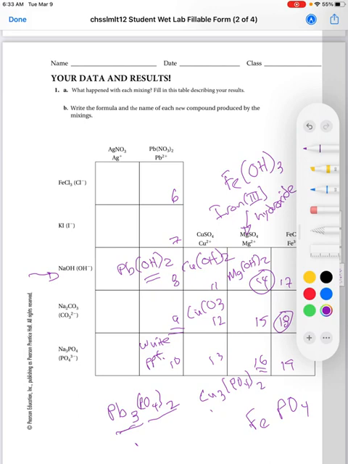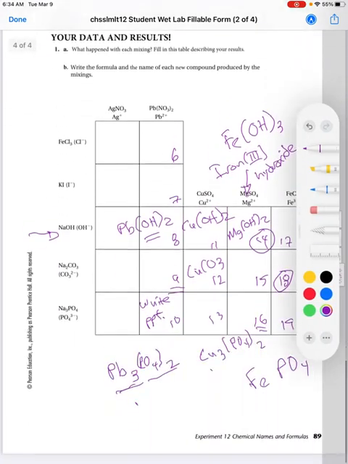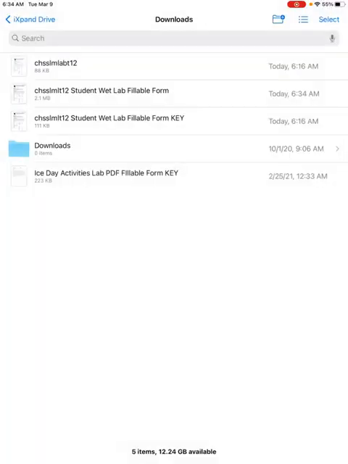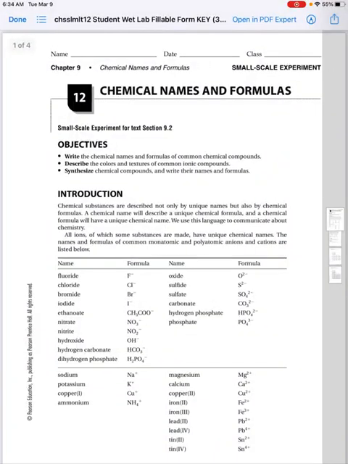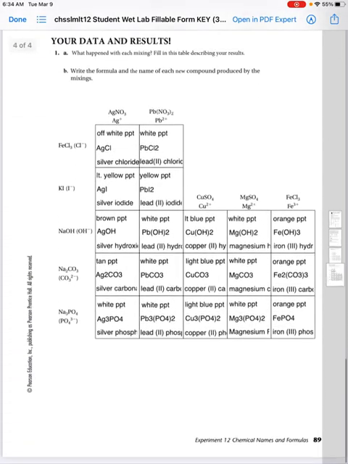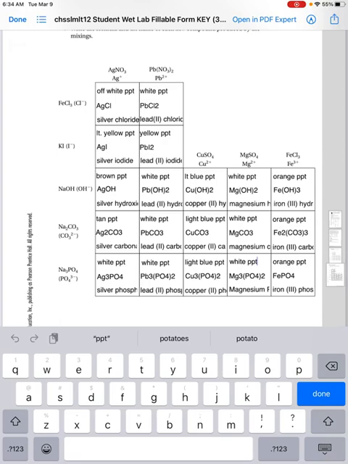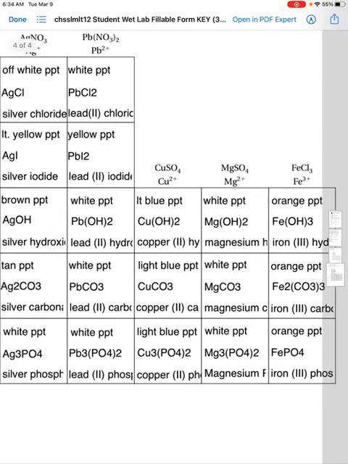When you are done, your form should look something like this. If I may pull it up and you type in your answers, you'll see something like this. When you do it, that is my version of it. I didn't mean to do my keyboard. There we go.